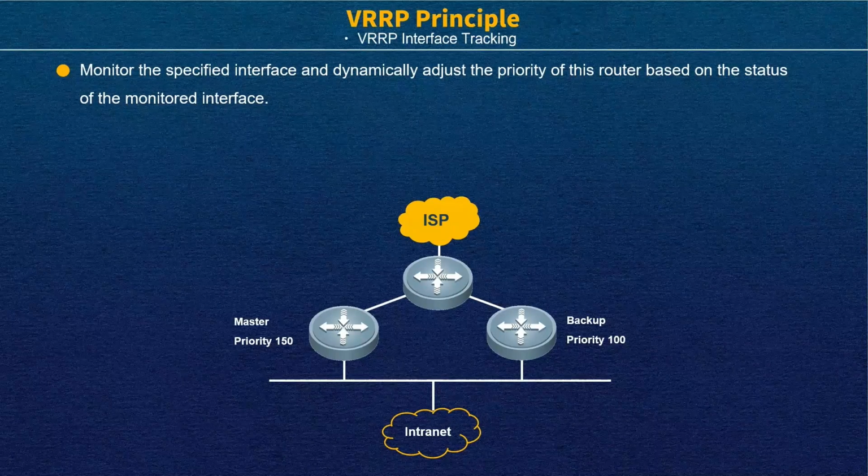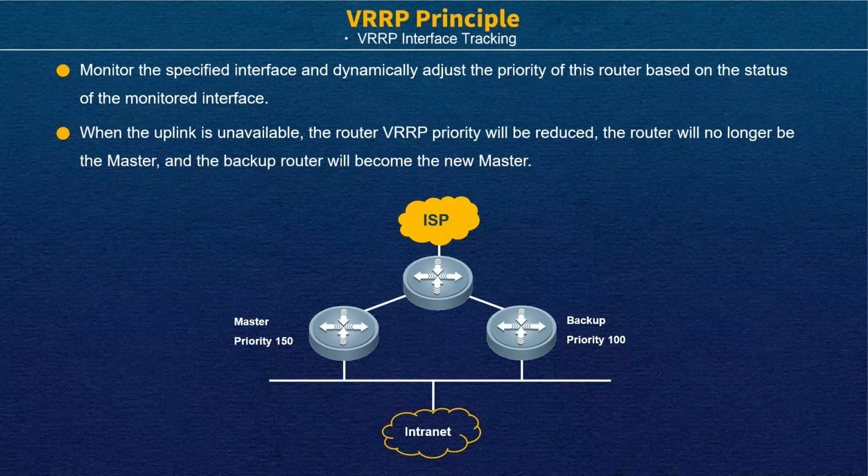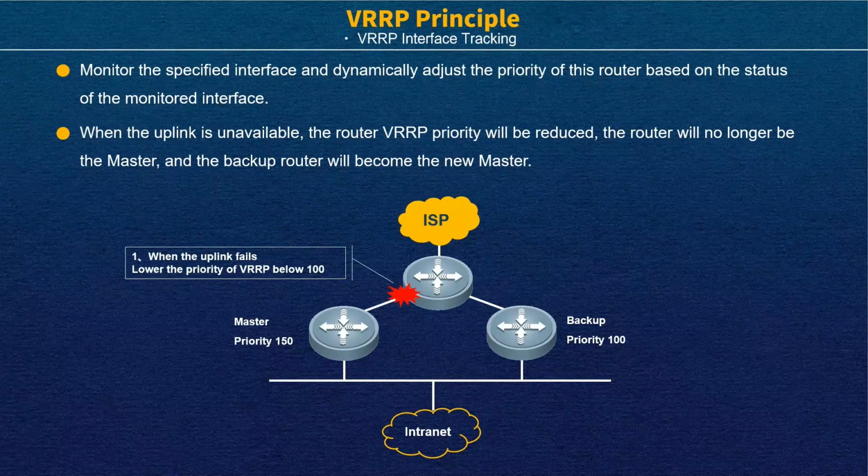But in some special scenarios, for example, the uplink line is broken and cannot work. Maybe it cannot connect with the upstream routers. In this scenario, the master router is still working, right?